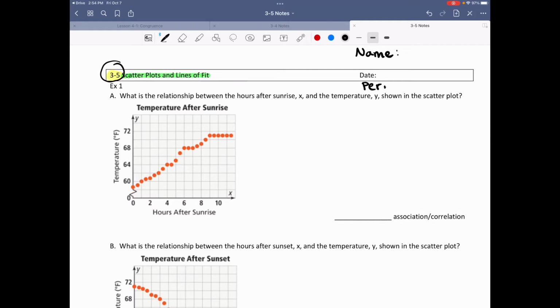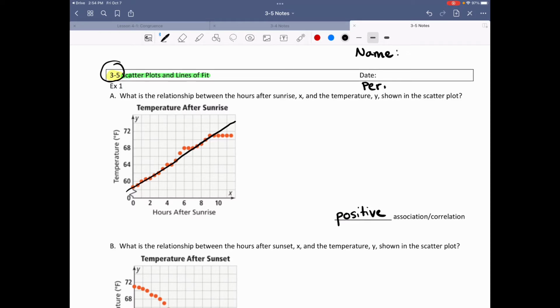What is the relationship between the hours after sunrise, X, and the temperature, Y, shown in the scatter plot? So the relationship is that as the hours after sunrise increase, the temperature increases. We can fit a line to this data like this, and it shows a positive association or correlation.